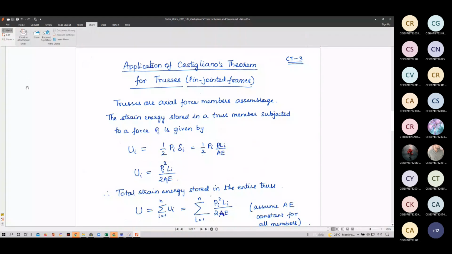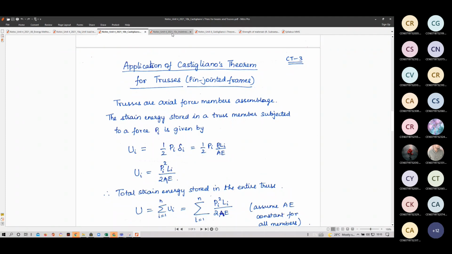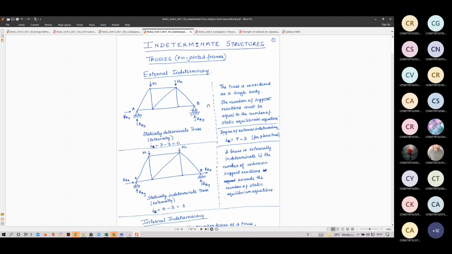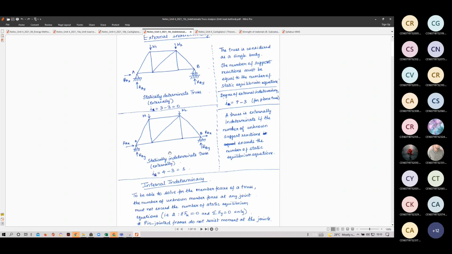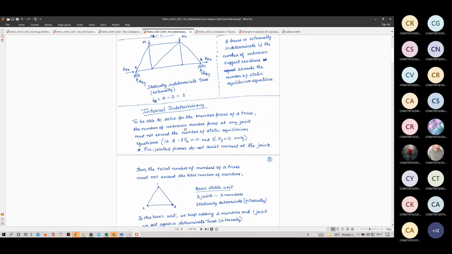I will show trusses. What is a truss member? This is a truss. We'll come to determinacy and other things. So these are trusses. In trusses, every segment will form a triangle. That is for a stable truss.